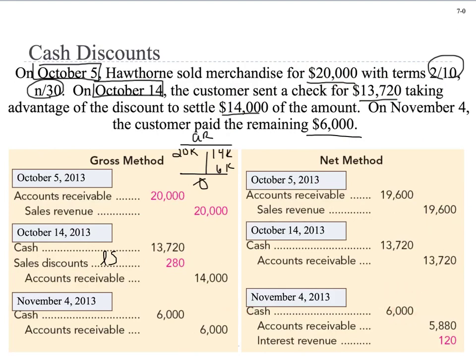You cannot credit $6,000 to accounts receivable because $6,000 isn't remaining in accounts receivable. Only $580 is sitting in accounts receivable at this time, right? Because when they did their entries, they had booked $19,600 first. They paid the $13,720.